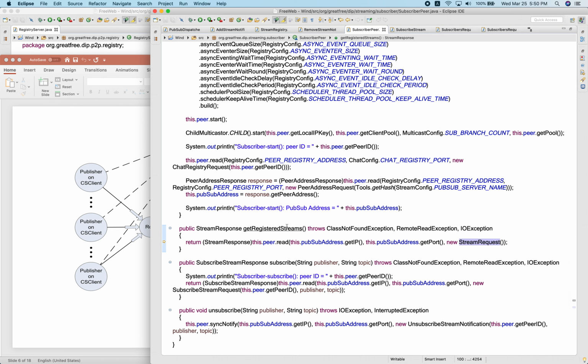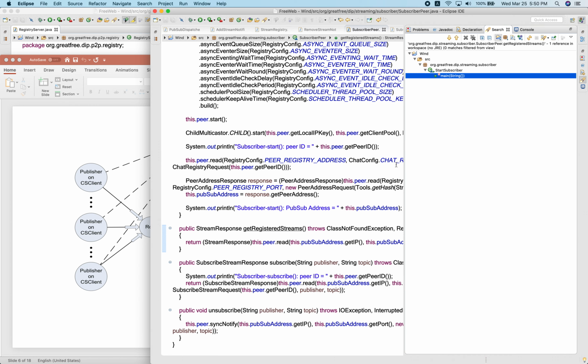You can see here the register stream. What this does is not so important. I just want to display all the registered streams and show them on screen for the subscriber. I will run this code later.